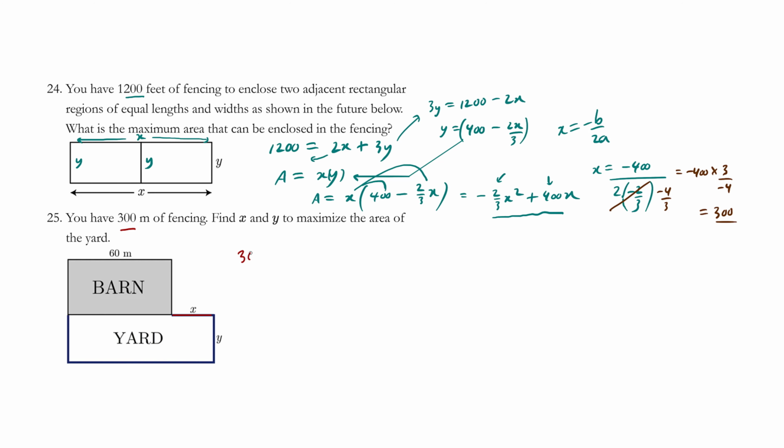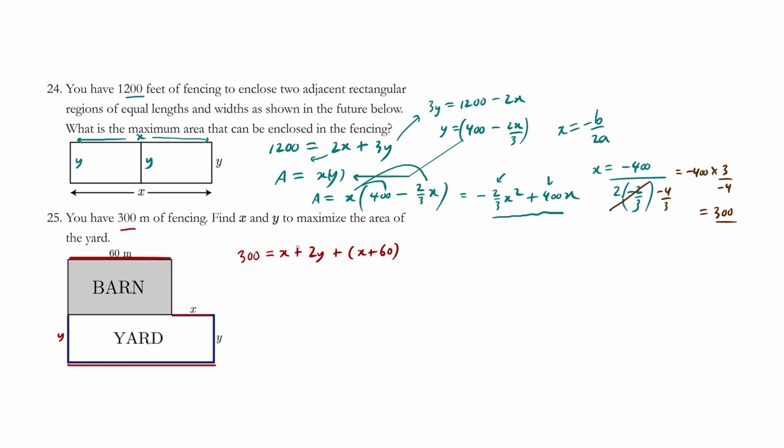So the perimeter, which is 300, is equal to x plus 2y, there's a y here and there's a y here, plus this width here, which happens to be x plus 60 more, which is up here. So this is x plus 60. So we can simplify this.